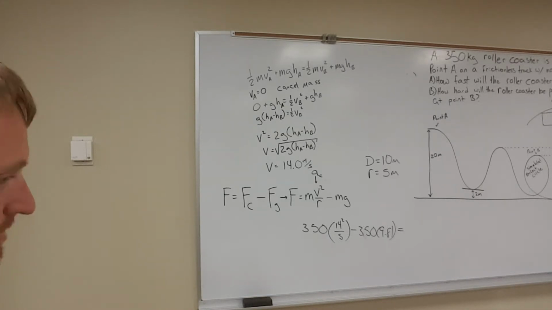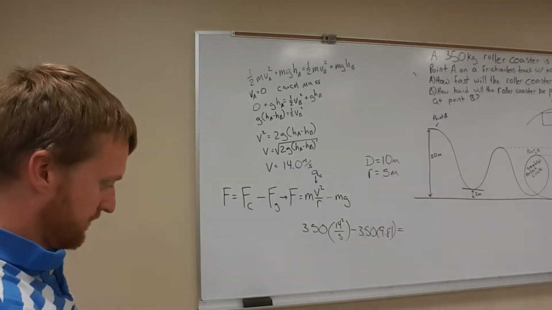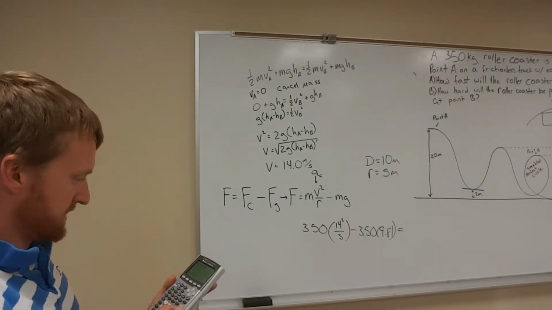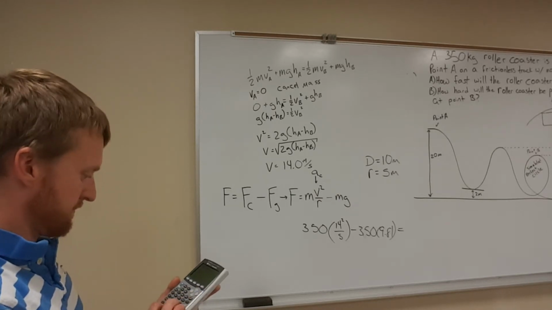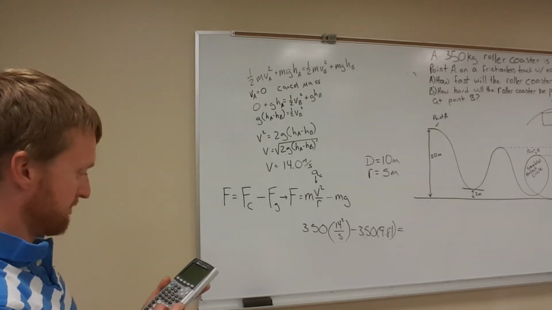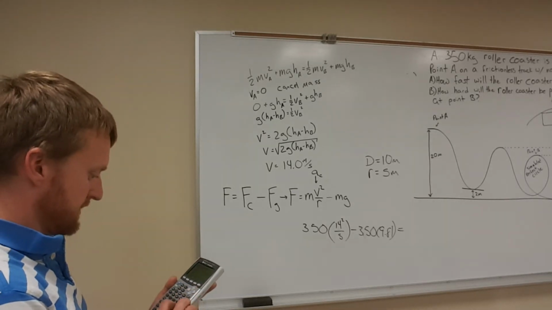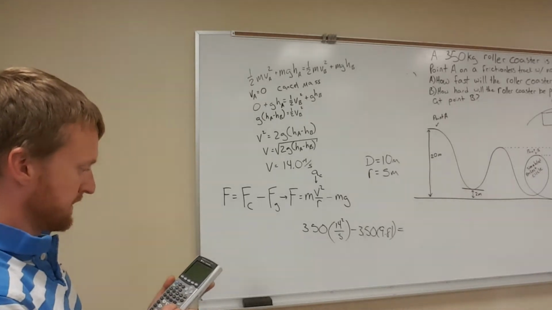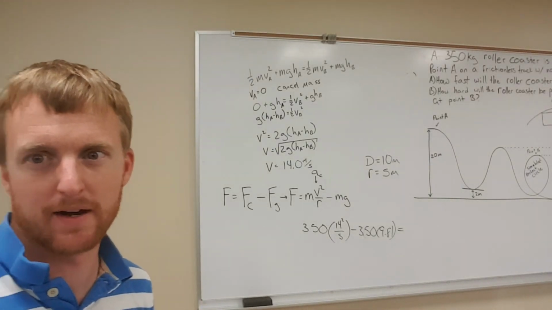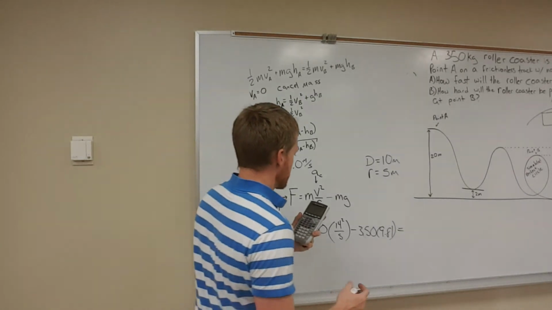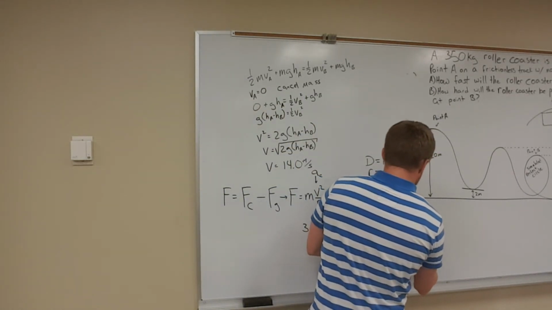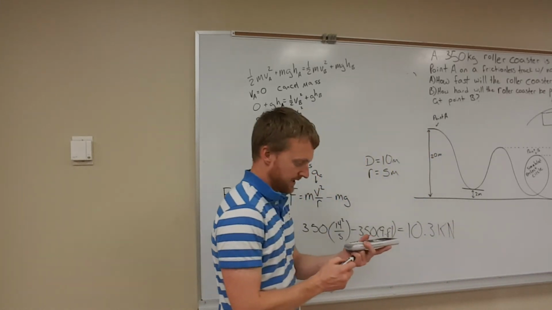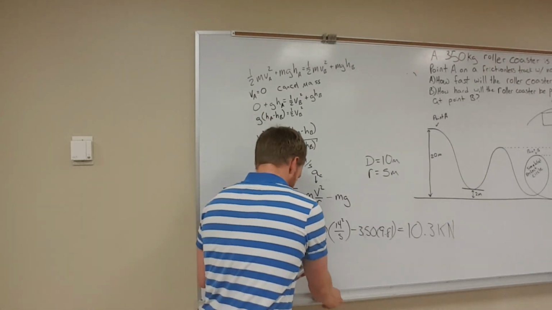I don't exactly know if it will be positive or negative. 350 times, we'll try it out, 14 squared divided by 5, minus 350 times 9.81, and we get, oh, hey, it's positive, cool deal. Positive 10.3 kilonewtons. Let me know if that's not what you get.